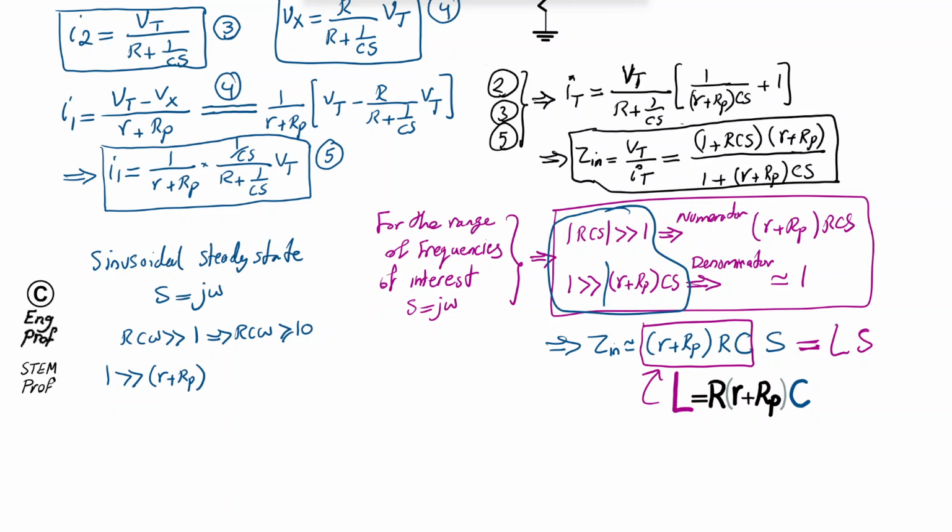So the same thing here, absolute value. So (R plus RP) Cω, practically, should be less than or equal to 0.1, so that it's considerably less than 1.